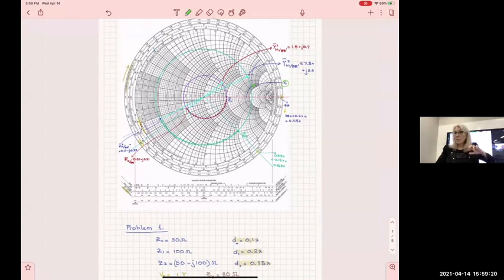We added the admittances, and now you're going to do one more. Once more, you're going to draw the circle. You find the impedance from the admittance, and then from there you move in the same direction, like we did before, to find the input impedance. So it's always the same thing. That's what I wanted to show you.